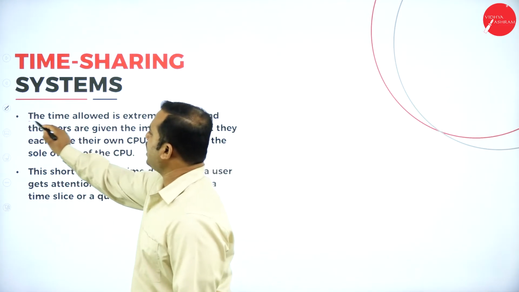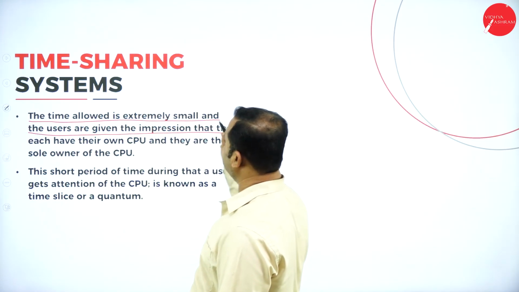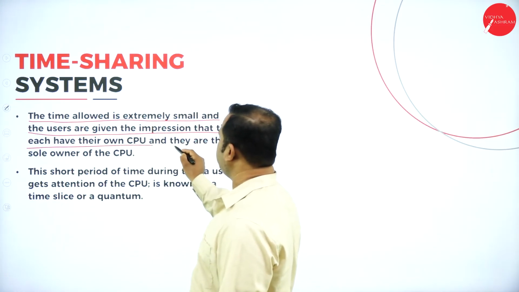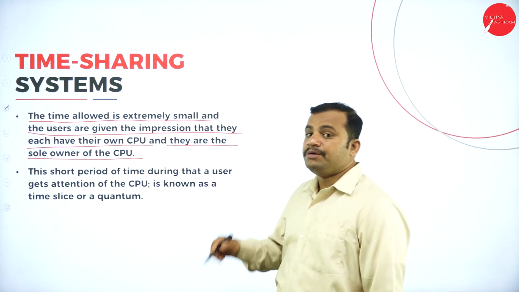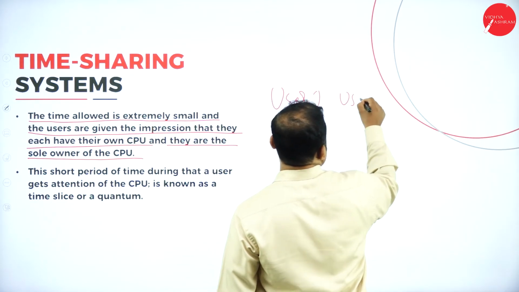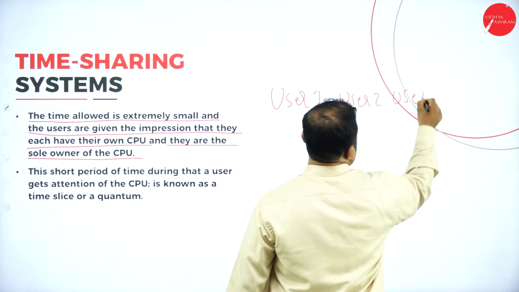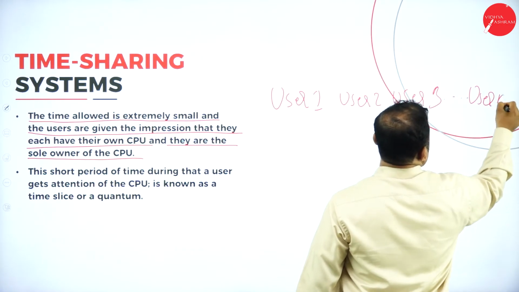Next, the time allowed is extremely small and the users are given the impression that they each have their own CPU and they are the sole owner of the CPU. That means suppose there are multiple users, that is user 1, user 2, user 3, user 4, and so on up to user n.